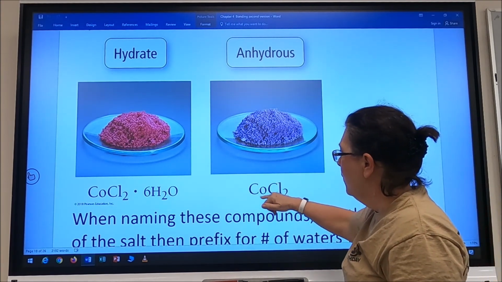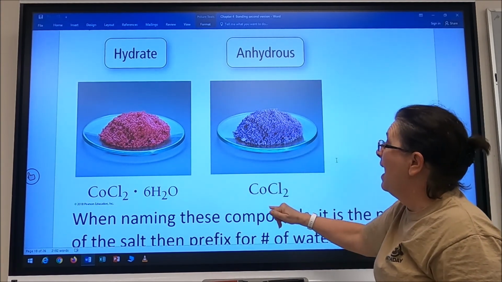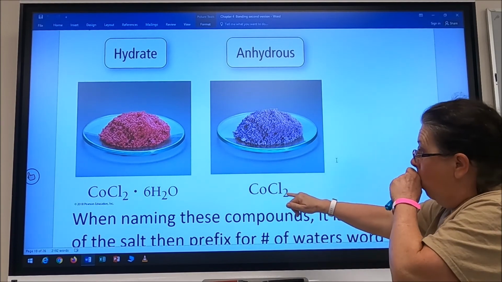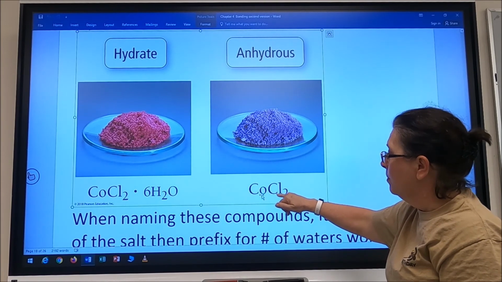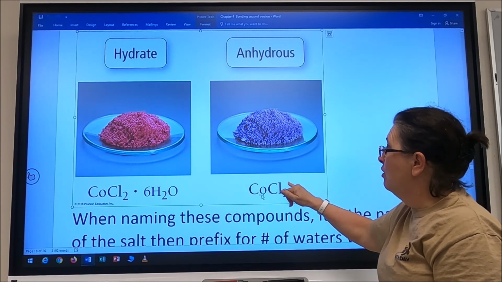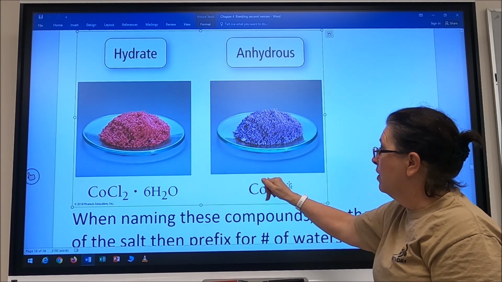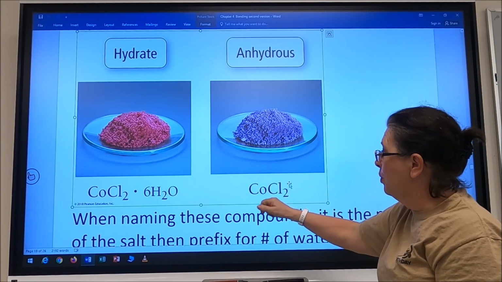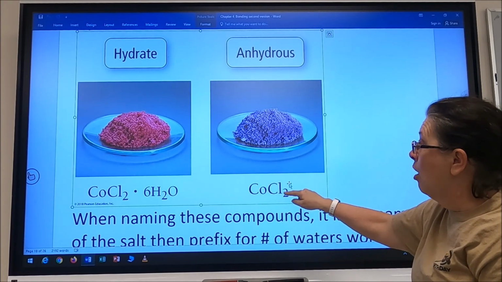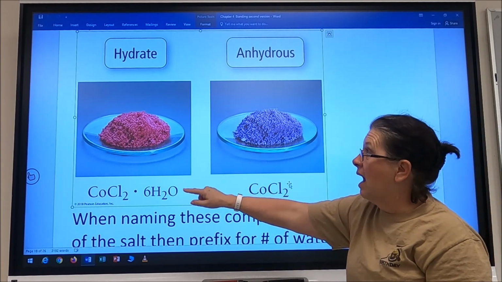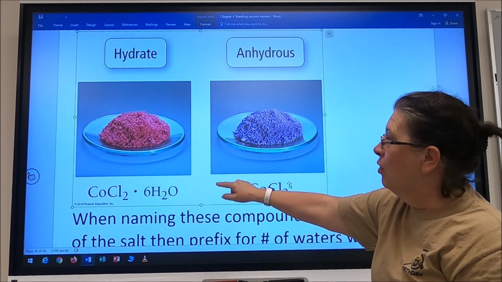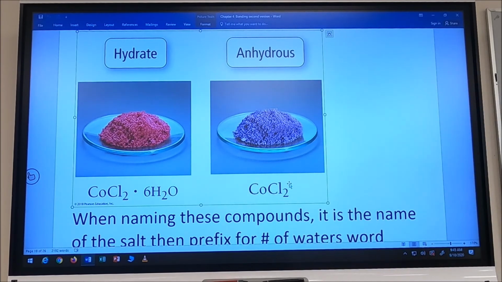Now, if we were going to name the anhydrous, cobalt is a transition metal. So the chlorines are 1- each because of crisscross. I know that the cobalt is 2+, so it's cobalt 2 chloride. To name the hydrated compound, we're going to have to include the waters.